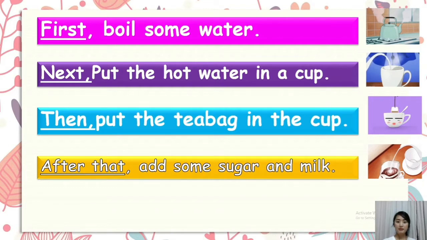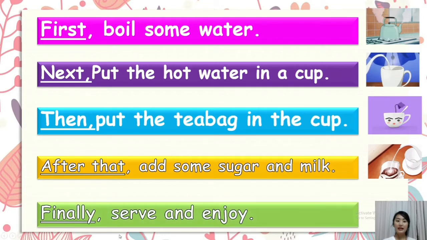The final step is, finally, serve and enjoy. So these are the steps in making a cup of coffee. In here, we use the transition words first, next, then, after that, and finally. So that is an example on how to use transition words.